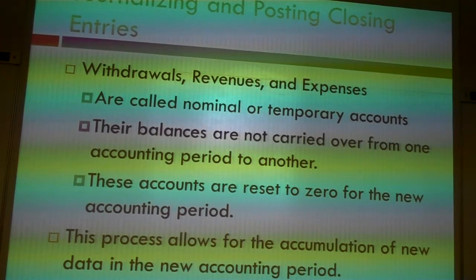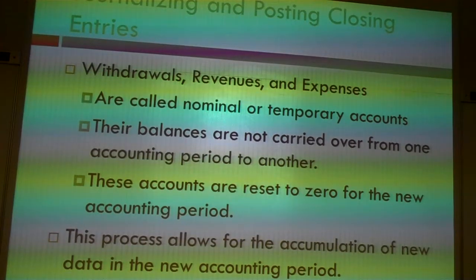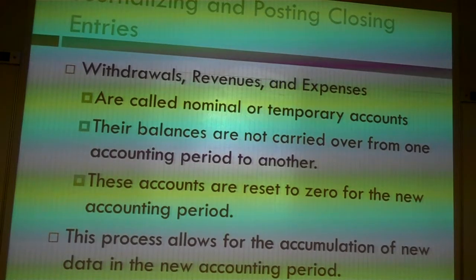They're called temporary accounts. Their balances are not carried over from one accounting cycle to the next, or one accounting period to the next. We're going to reset them to 0, either at the end of the month or the end of the year, whichever accounting cycle we're using. That gives us the opportunity to compare this month's expenses with last month's and next month's expenses.